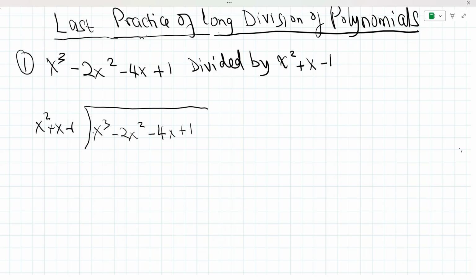We look at the first expression of our dividend and look for a factor which, when multiplied by the highest exponent expression in our divisor, will give us x cubed. And certainly this is x, because x times x squared will give us x cubed.